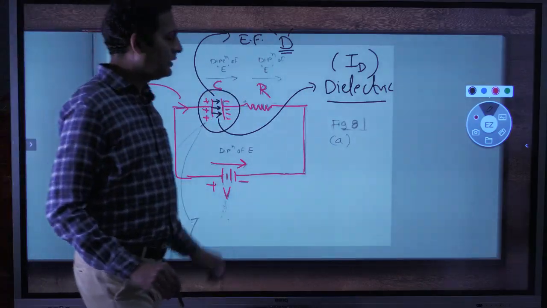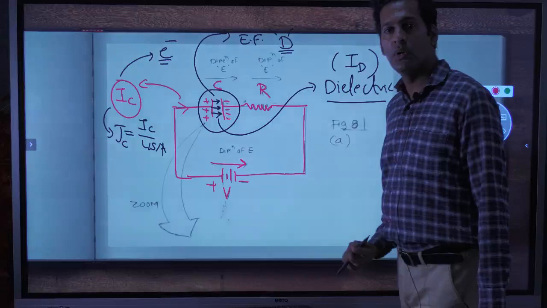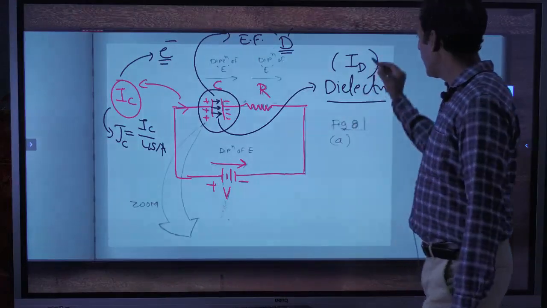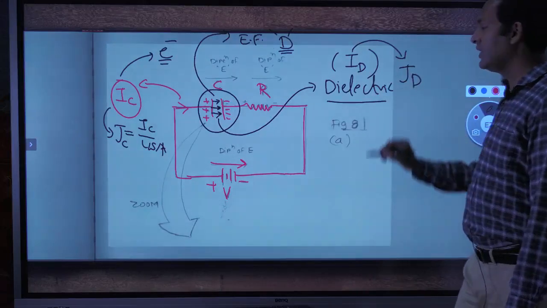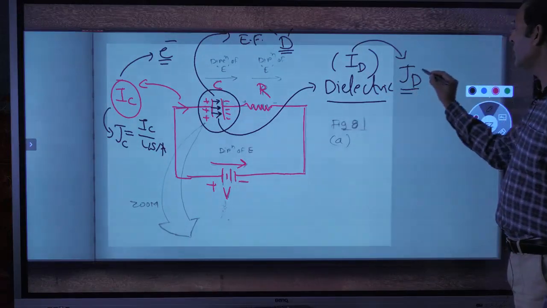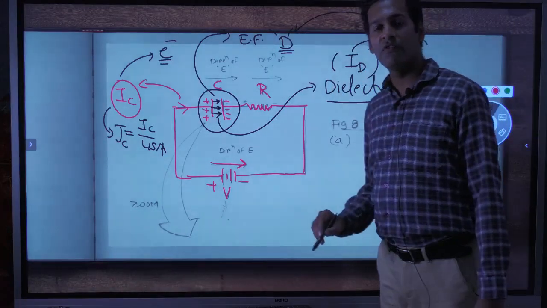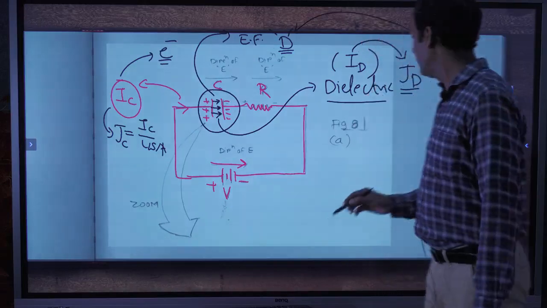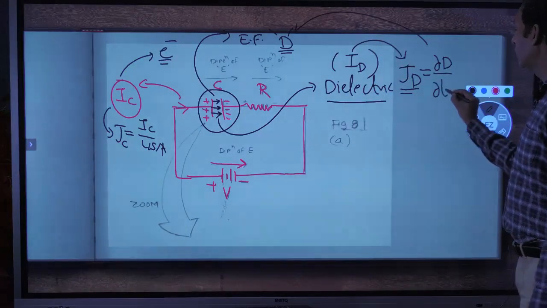Similarly, this D, which is changing with respect to time from one plate to the other, will also have some current density. We refer to it as JD. This JD is the displacement current density, which is directly related to the changing flux, so its value is given by dou D by dou t.